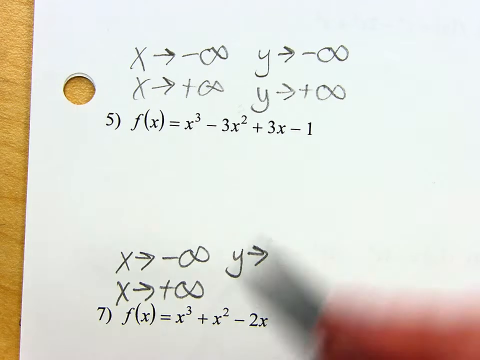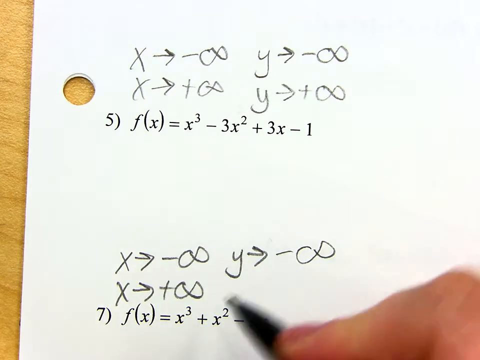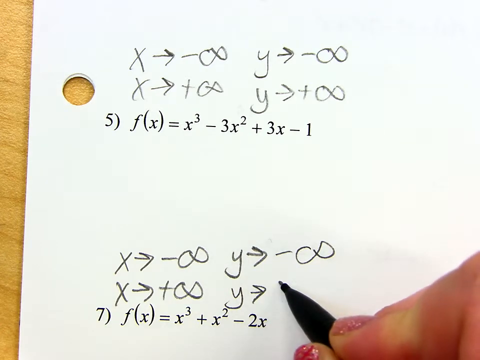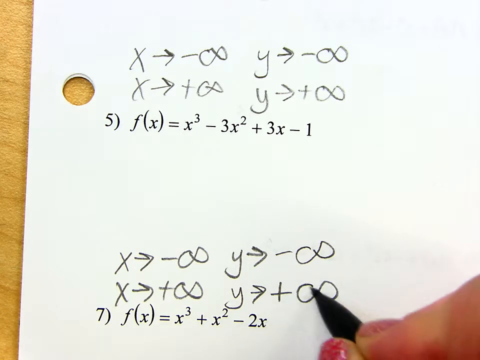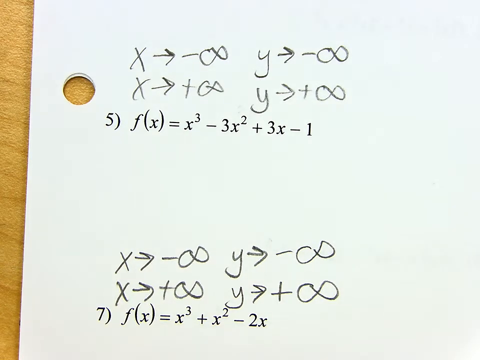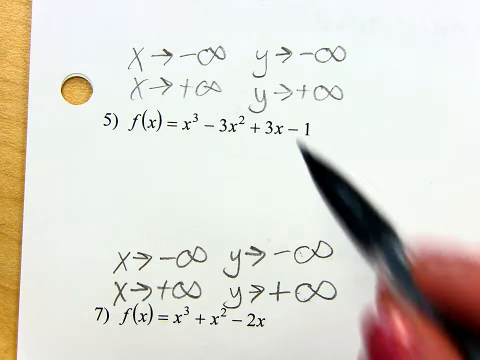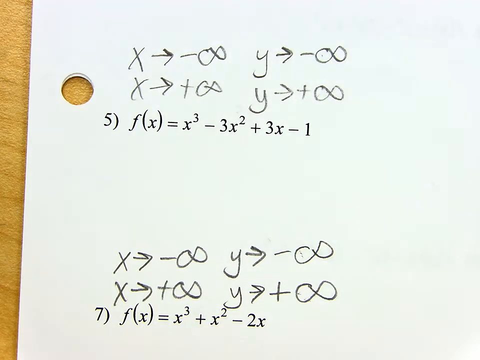Down. What is your right hand doing? Positive. Yes. Remember, if the exponent's odd, these two things have to be opposite. The only time they're going to be the same, the exponent would have to be even, because they're either going to go up together or they're going to go down together. If it's odd, it's one and one.